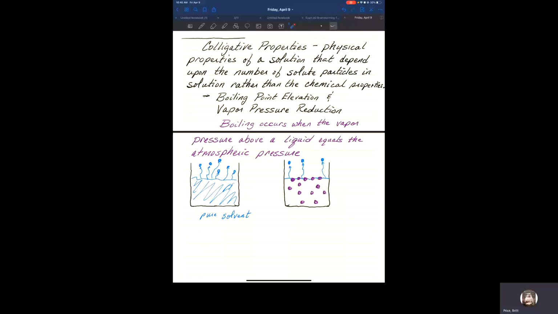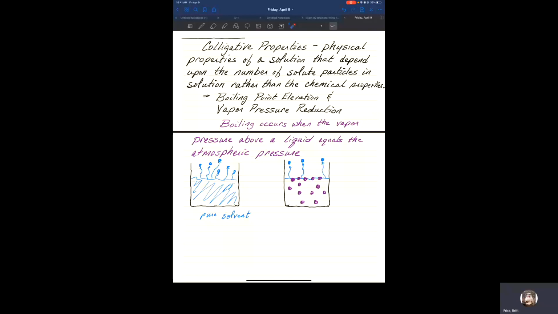If I look at my mixture, I only have 3 vapor particles. The fact that I have fewer particles, the lower vapor pressure, means that I'm not at boiling yet. How do I increase my vapor pressure?